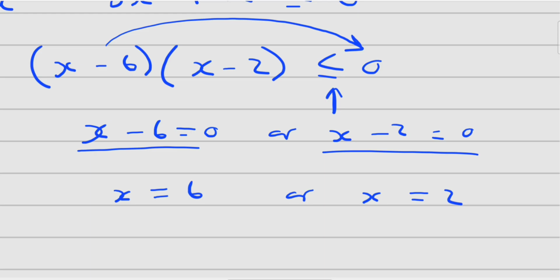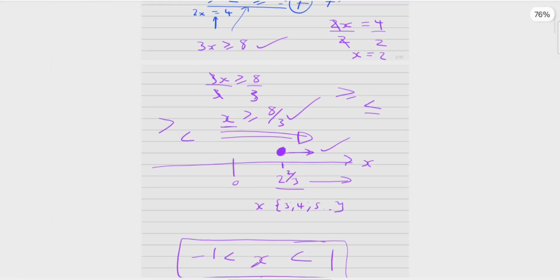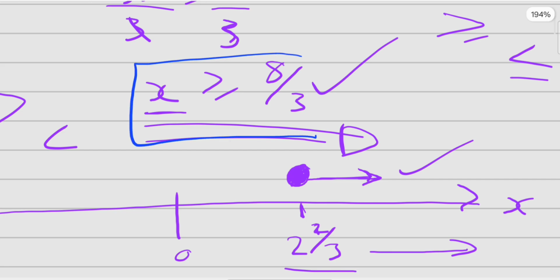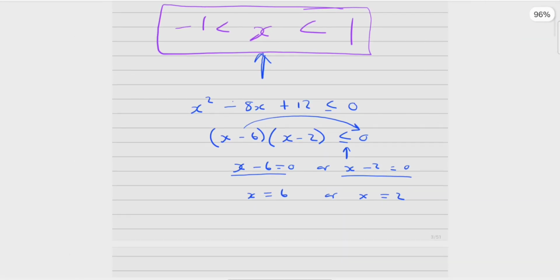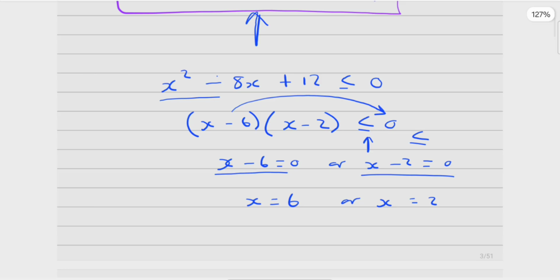Now with two answers, or two solutions, we still have to come up with a region like what we have here. This is a region. So how do we do that? We need to get the region where this is true.